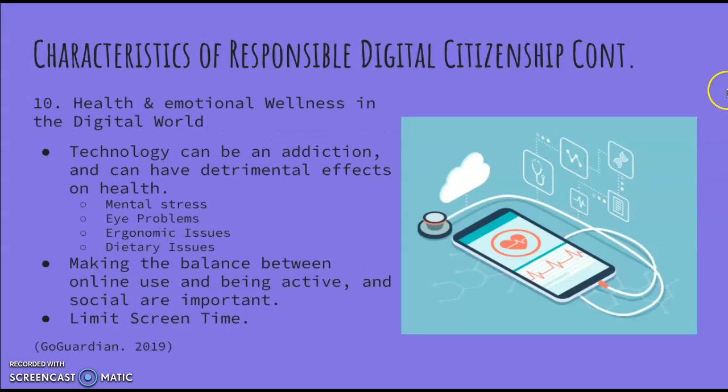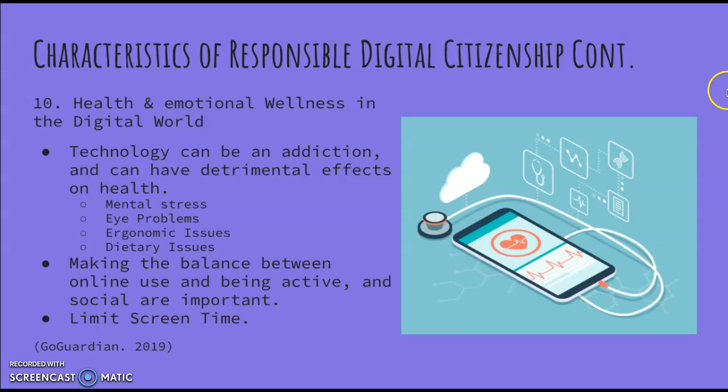The 10th characteristic is a pretty big and important one. It's the health and emotional wellness in the digital world. Technology can be an addiction, and it can have detrimental effects on our health. This can lead to mental stress, eye problems, ergonomic issues, and dietary issues.